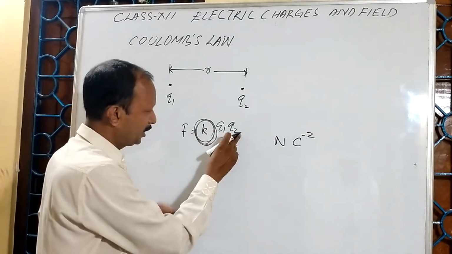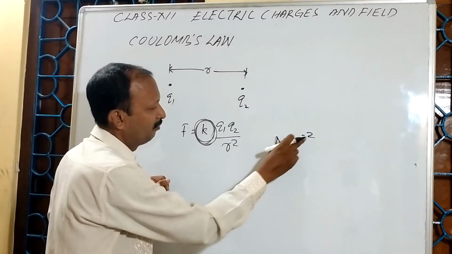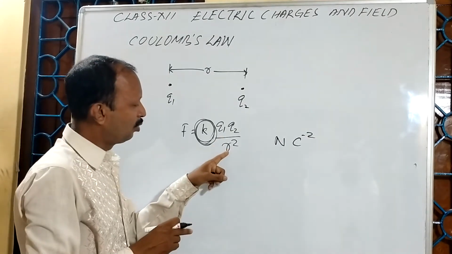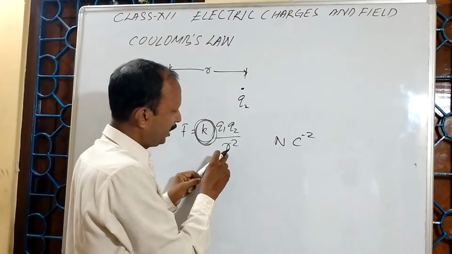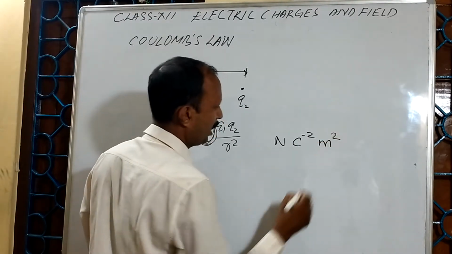To counter that Coulomb square, I have to take the inverse of Coulomb square. At the same time, to counter this R square, meter square, 1 by R square, I have to use M square.